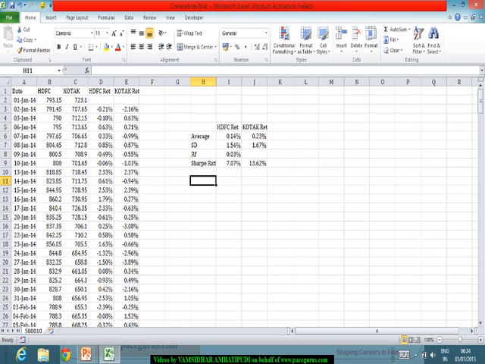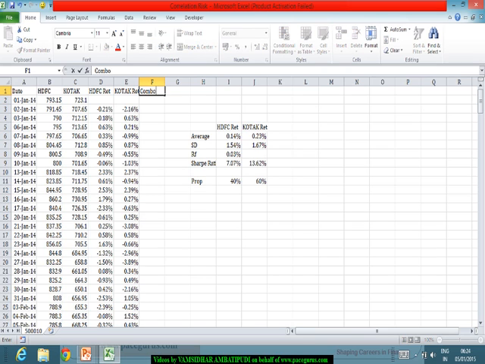So I want to invest some proportion in HDFC and some proportion in Kotak. Let's say I want to invest 40% in HDFC and 60% in Kotak.